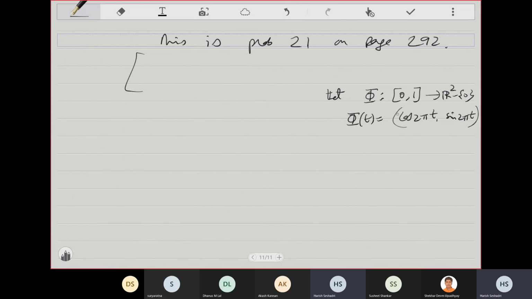Of course, it's not an affine simplex. The image is a circle. And then you integrate omega over phi; if it is d of something, it should be the same as the integral of df over phi.